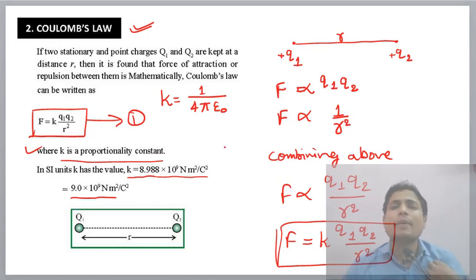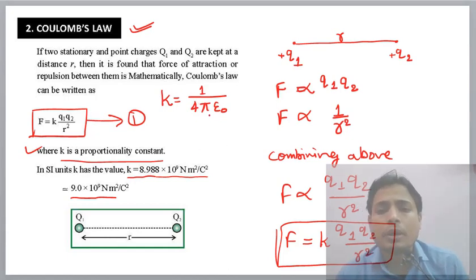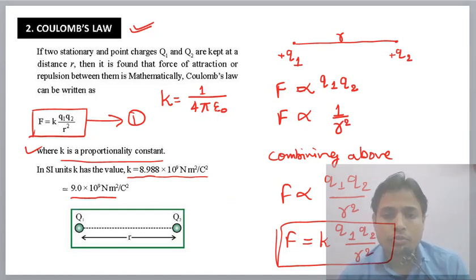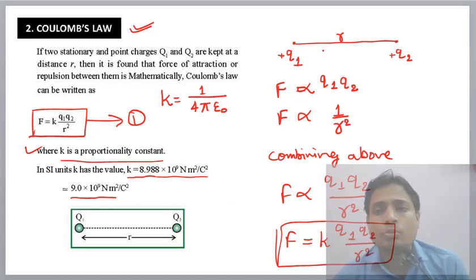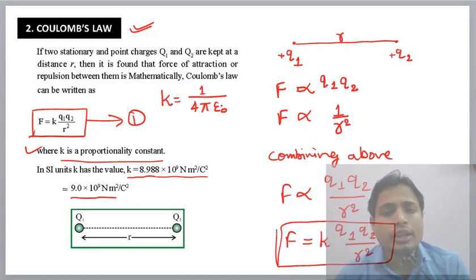This epsilon naught is called the permittivity of the given medium between Q1 and Q2. If we assume that there is free space between Q1 and Q2, then we will write epsilon naught. If some other material is filled in, then we will write epsilon in place of epsilon naught. We will discuss it later, don't worry.